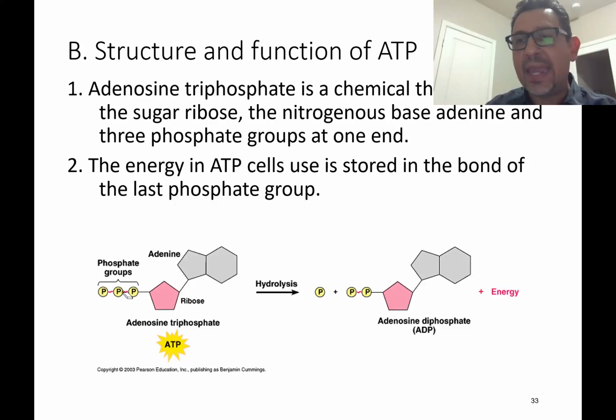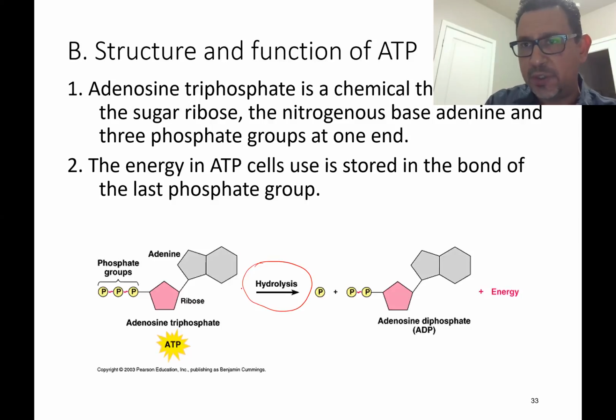And so when ATP is hydrolyzed, and bring to mind, please, what we have learned before about hydrolysis. In hydrolysis, bonds are broken. So when ATP is hydrolyzed, the most distal phosphate molecule is going to be removed. And here we can see it in the form of an inorganic phosphate.